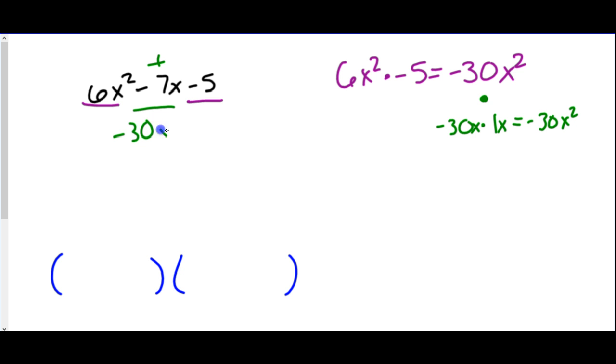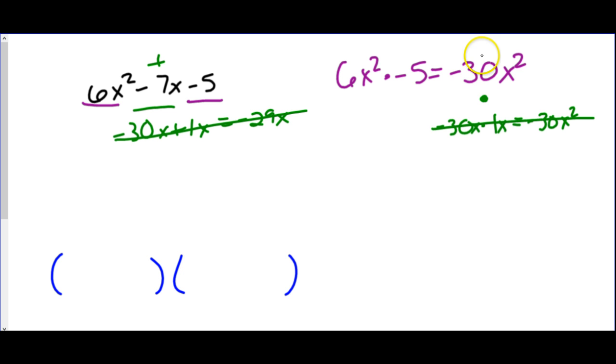Negative 30x plus 1x gives me negative 29x. That is not what I want. I want a negative 7x. Those factors did not work, so I have to move on. And the reason we start with multiplication is because the multiplication is limited. With addition, I would be adding numbers forever, trying to figure out what would also multiply to be negative 30x squared. Multiplication is more limited.